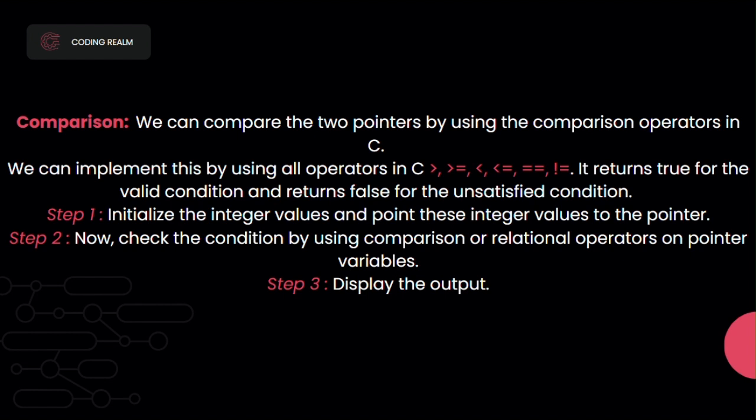Step 1, we need to initialize the integer values and point this integer value to the pointer. Step 2, check the condition by using comparison or relational operators on pointer variables. And step 3 is display the output. We will see this also later in next video.